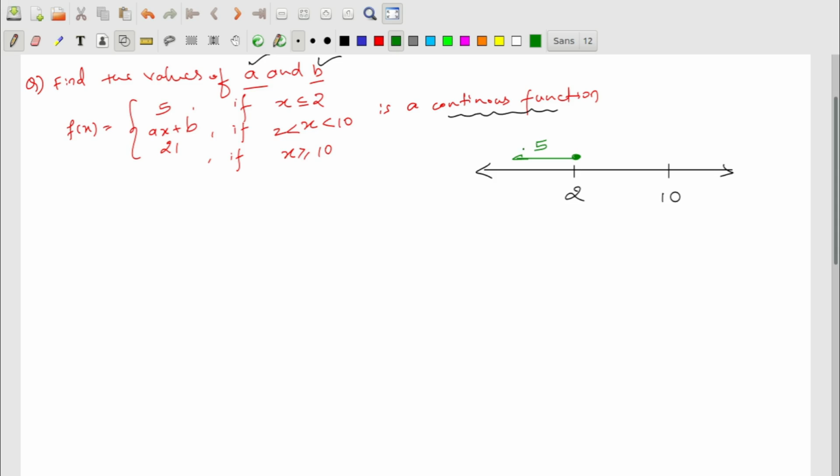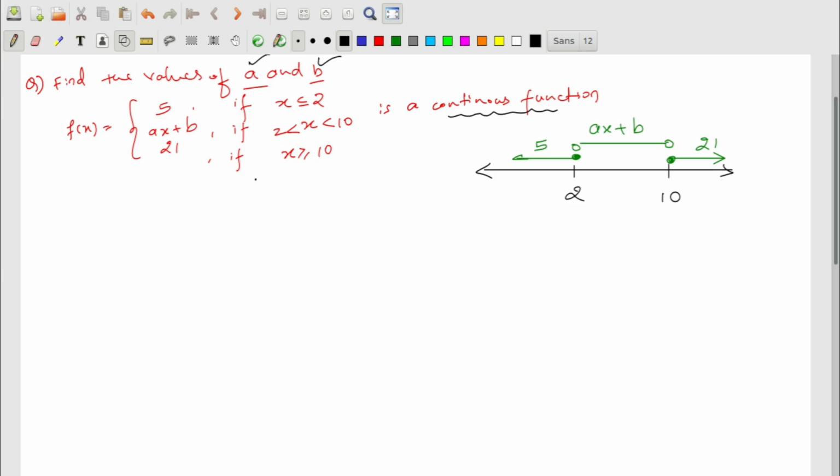If the x value lies between 2 and 10, excluding 2 and 10, then the value of the function is ax plus b. If x is greater than or equal to 10, then the value of the function is 21. So this is how the function is defined, and it is given that this function is continuous, and we are asked to find the values of a and b.